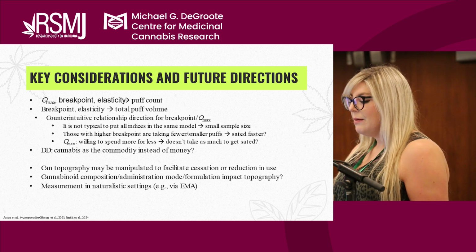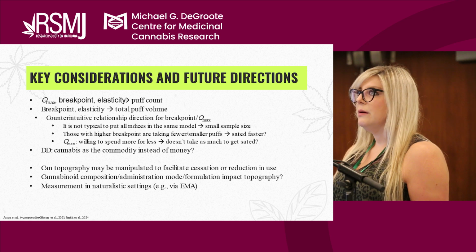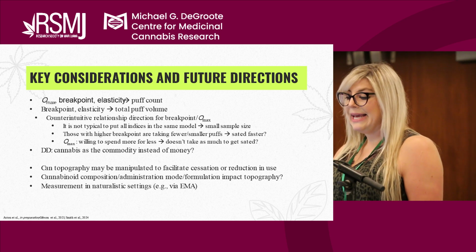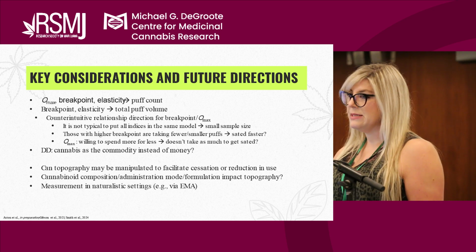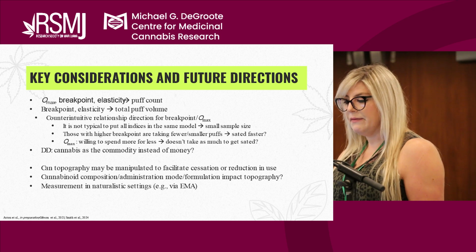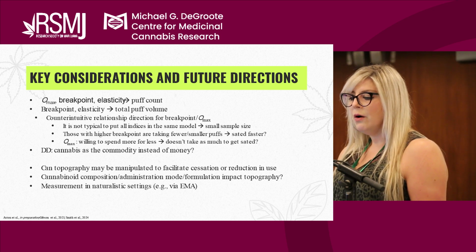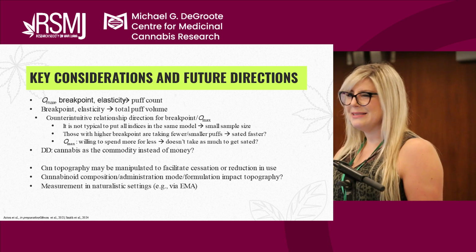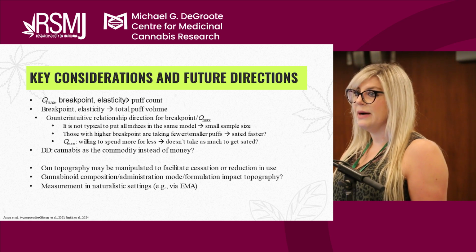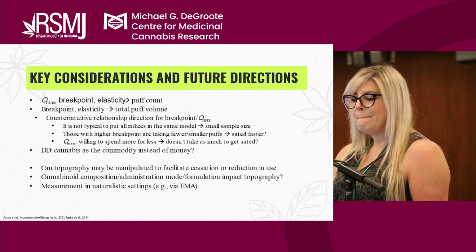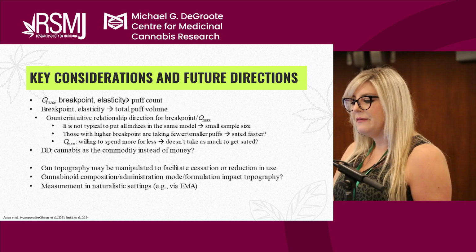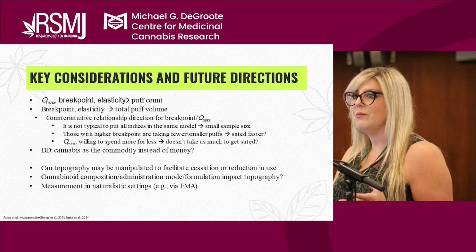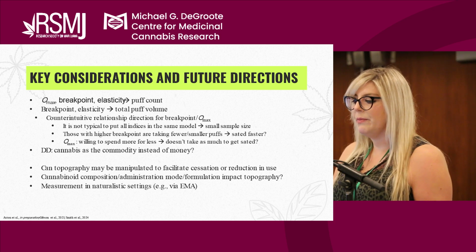It's also possible that those with higher breakpoint, so they're willing to pay more per unit, are taking fewer or smaller puffs because they're sated more quickly. It's definitely a possibility. And for Omax, they may be willing to spend more for less because it's not taking certain participants as much to get sated. Those are possibilities, and I spent a long time with my collaborators discussing what's going on here. We'll continue that before we publish.